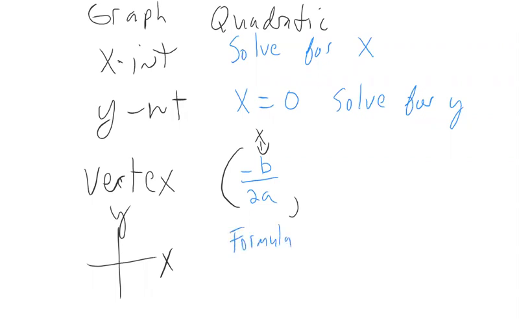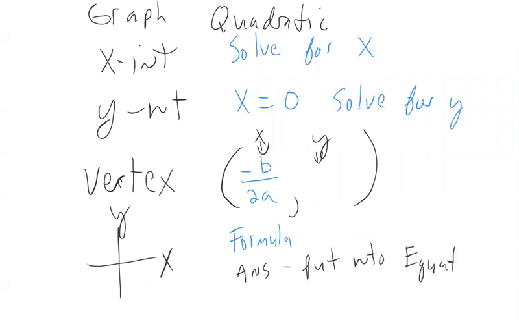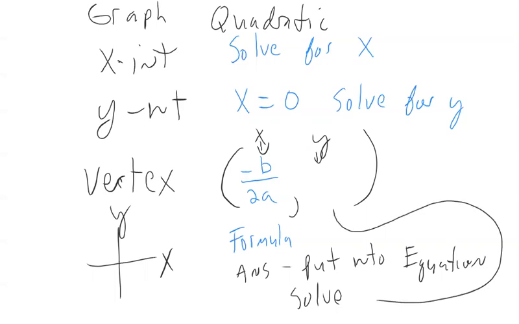Then to find the y point, or the second number of your point, you take the answer from x, take the answer from the formula, and put it into the equation. And when you solve, that gives you the y value.